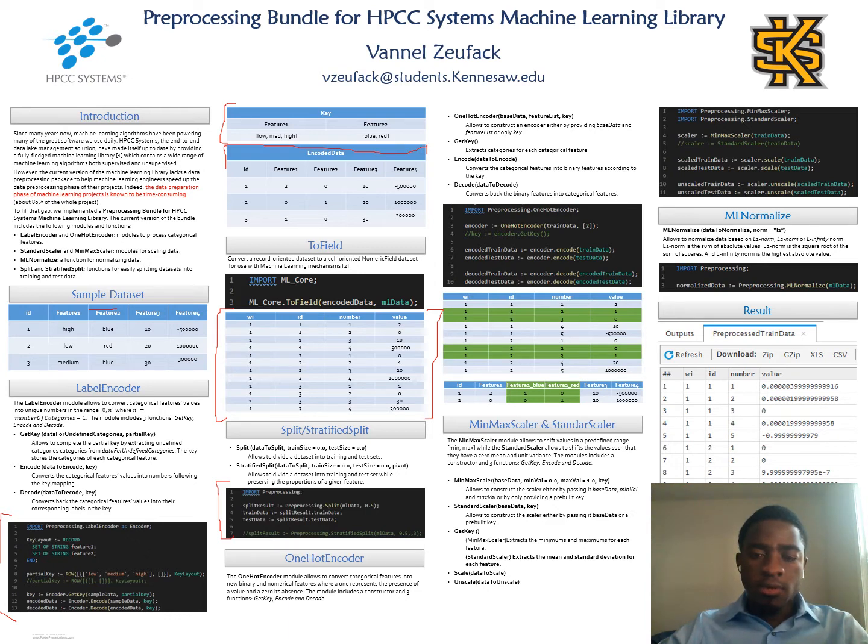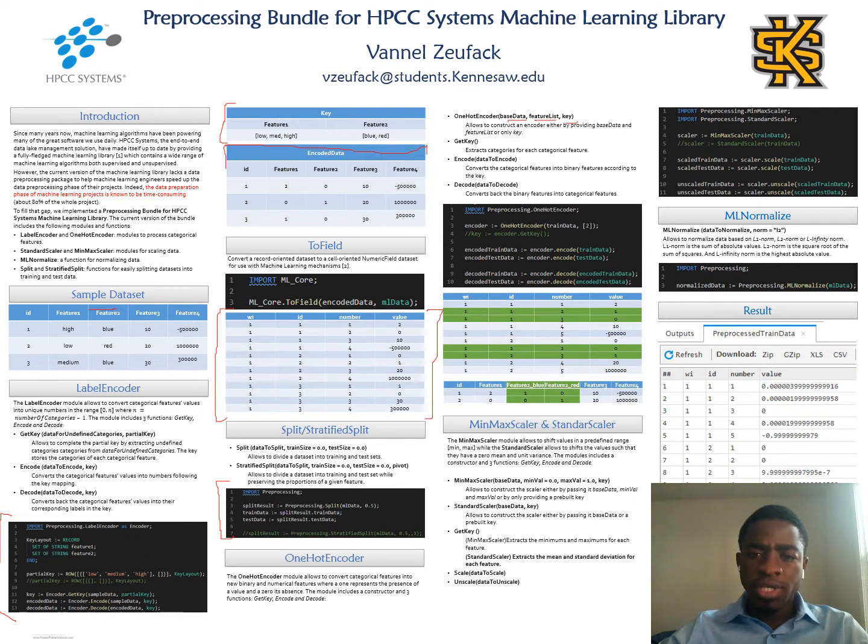It has three main functions and a constructor. The constructor takes as parameters some data from which the categories will be extracted, then the feature list, in this case the indexes of your features, and then the key. If you already built the encoder before, then you will only pass the key without passing the base data or the feature list.